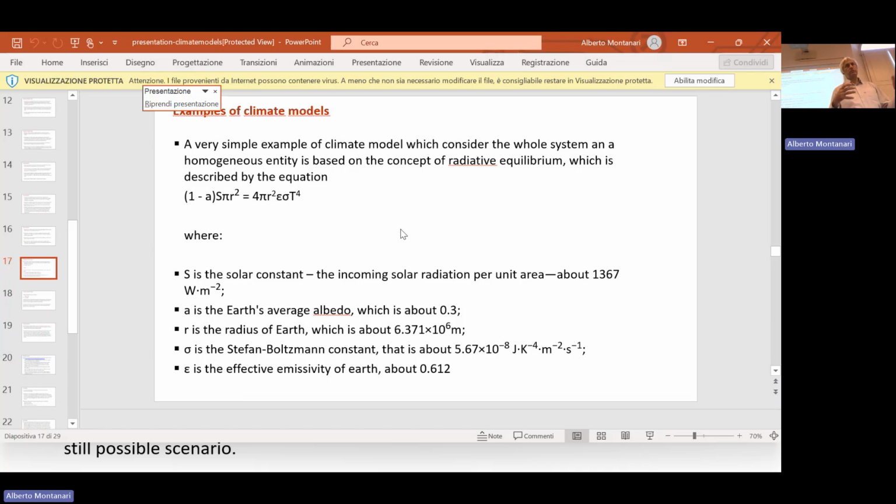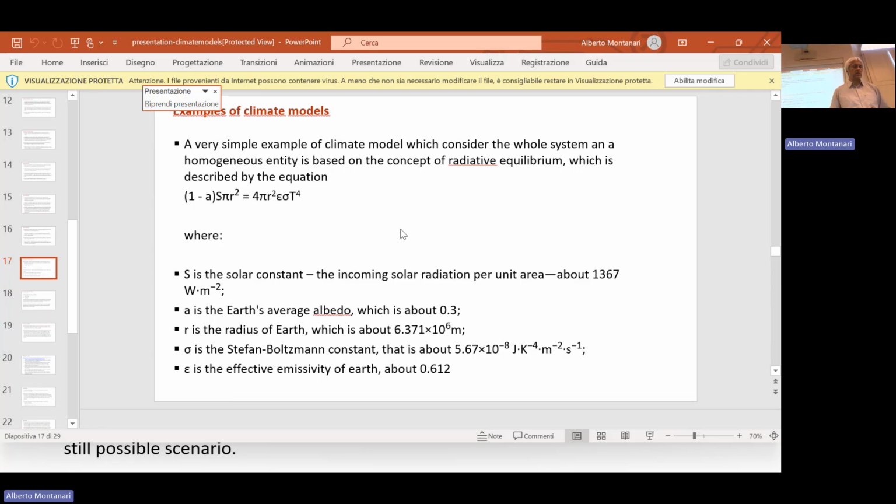The albedo influences the quantity of energy that is reflected back into space. R is the radius of Earth, we know it. Sigma is the Stefan-Boltzmann constant, a constant for which we know the value.